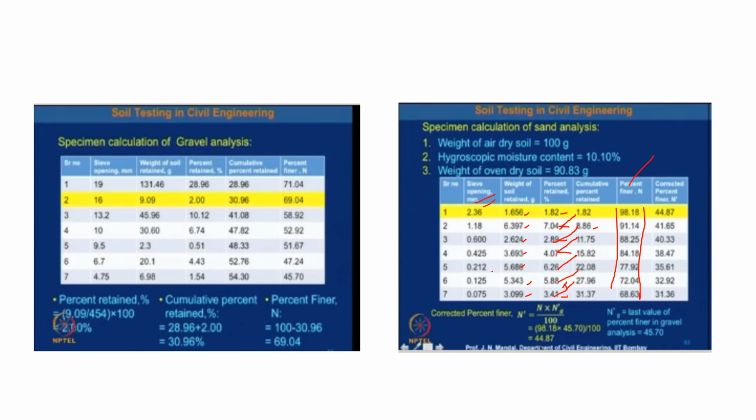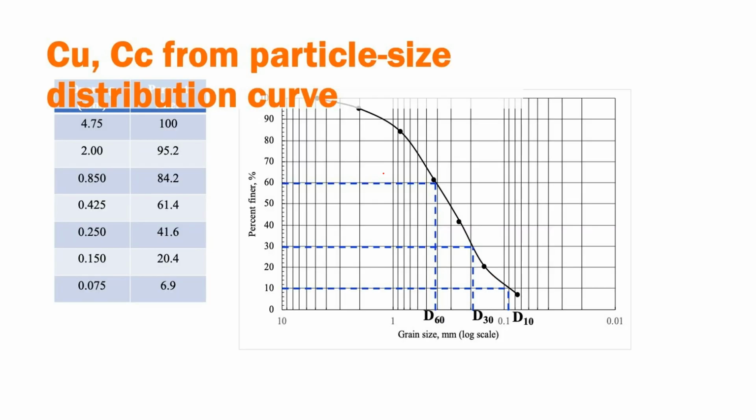You will get a neat S curve in most cases. When we get this S curve from a coarser fraction, we have to find these three values: D60, D30, D10.